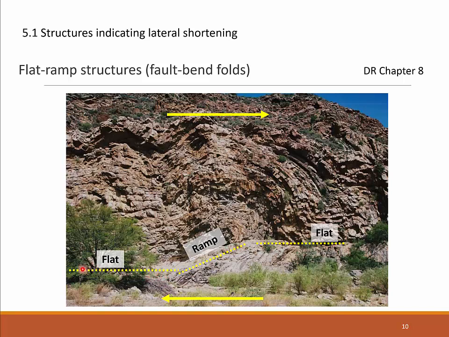The lower flat fault is hidden here behind this bush, but in the field you easily can see it. The geometry of this structure would indicate a hanging wall transport to the right.